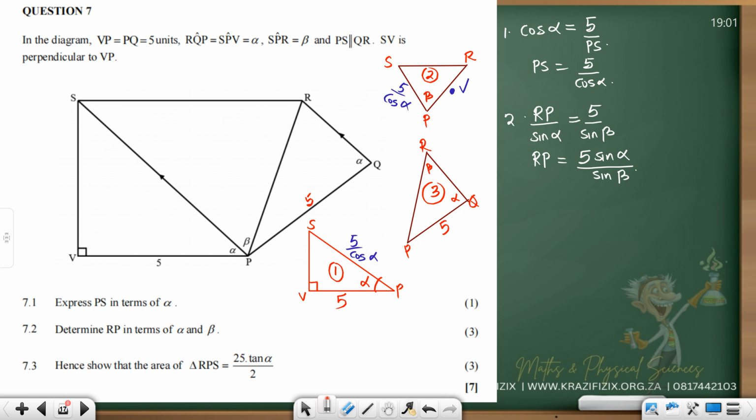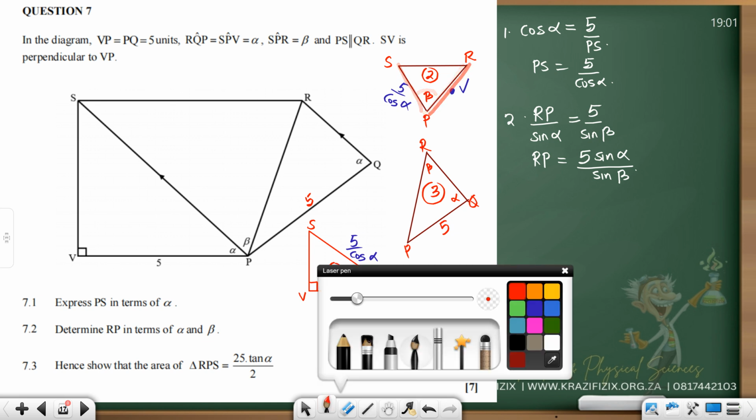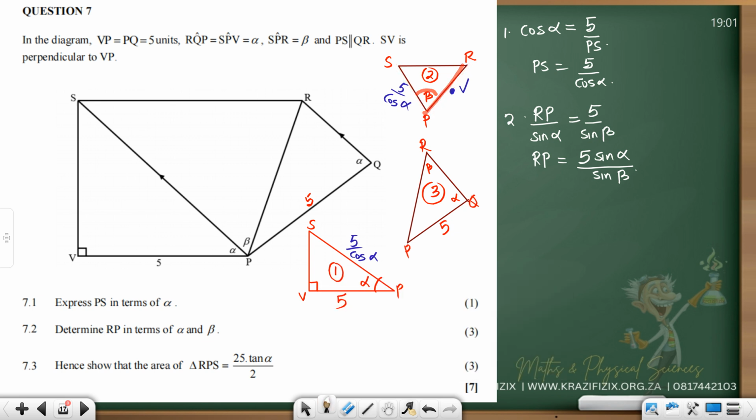Okay, so we go back to the area rule. To use area rule, it has to be side, angle, and side. Let's see. I'm seeing some funny tan somewhere there, but we'll see. Number 3, area of RPS will be half.